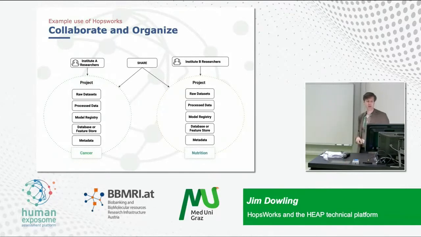And then there's another Institute B who have a number of researchers who have access to their data set on nutrition, and there's possibility in the platform to share data. It's really just a couple of clicks. So you have to approve, you have to search, but it really removes all barriers to sharing between research groups, right? Now you can no longer claim that it's difficult to copy the data here or there or so on. It's really just a trivial way of doing that.